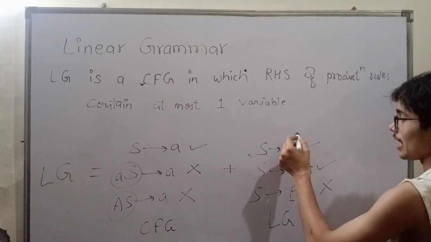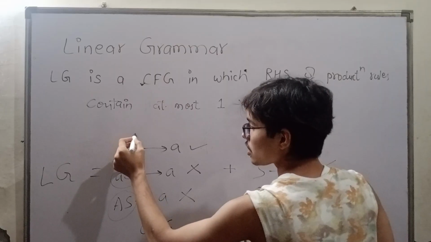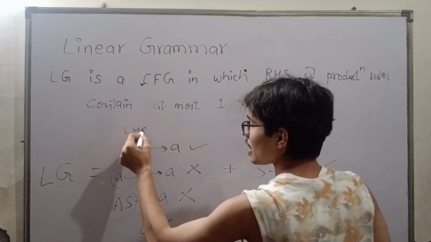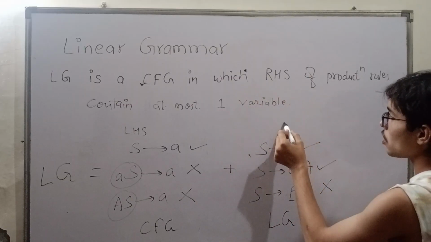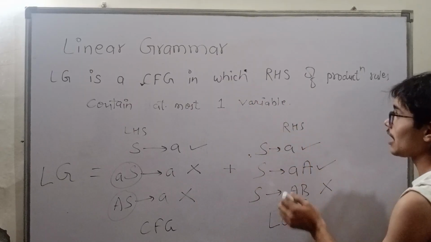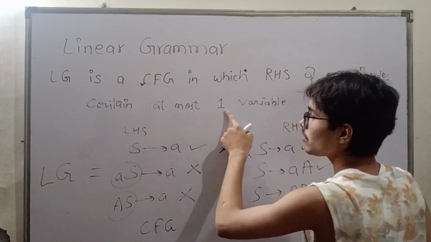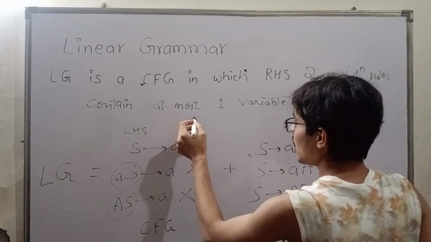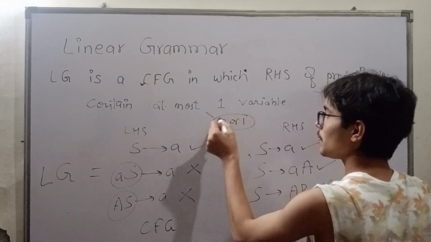In context-free grammar, rules apply on the LHS part, but in linear grammar, it applies an additional rule on the RHS side: the RHS of production rules contains at most one variable. At most one means 0 or 1.